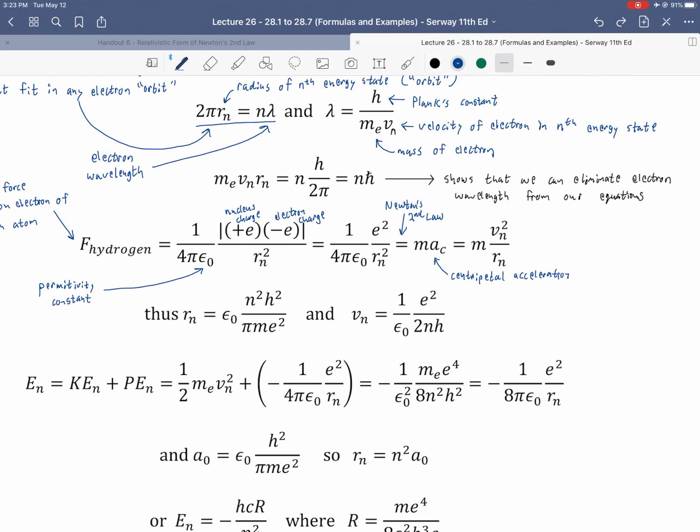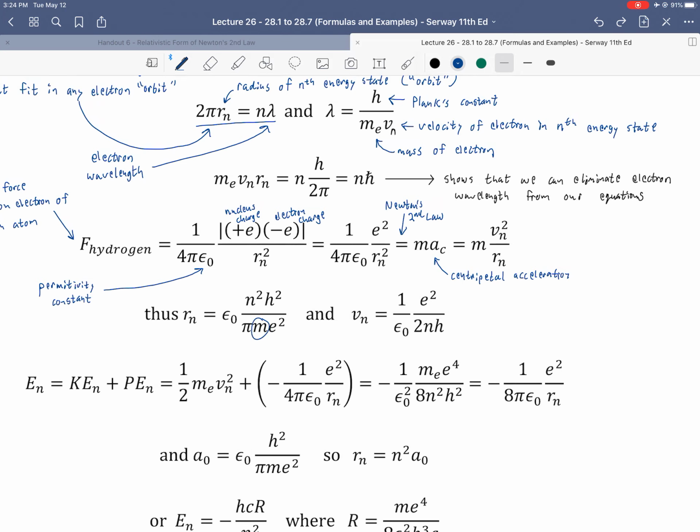From this net force equation, we can immediately express the nth orbital radius and the nth velocity, again for the nth energy state for both cases, in terms of just e, the principal quantum number, and Planck's constant.